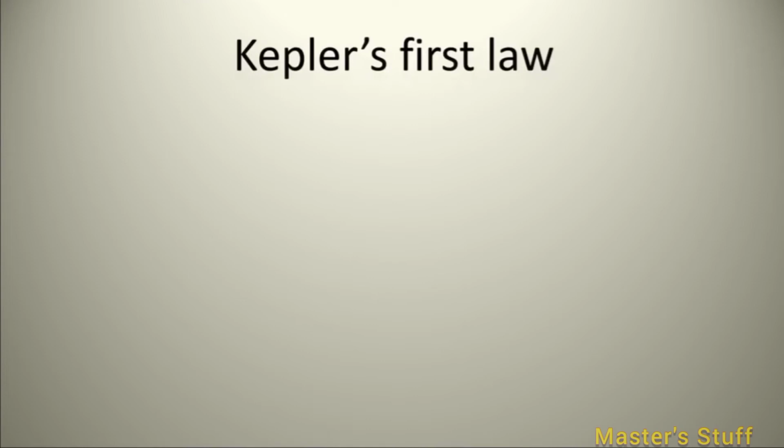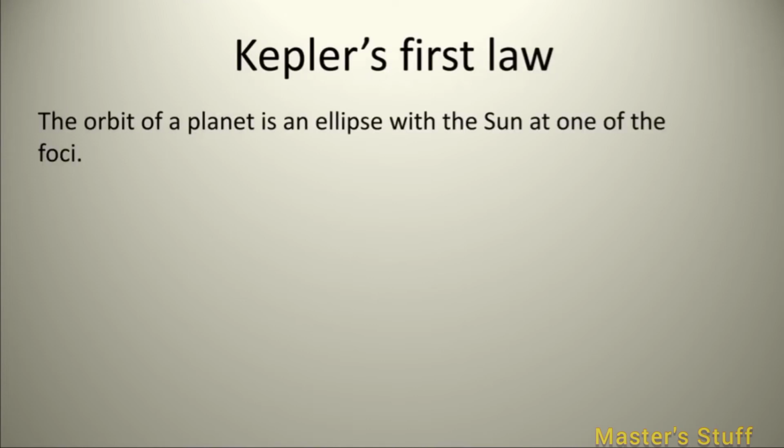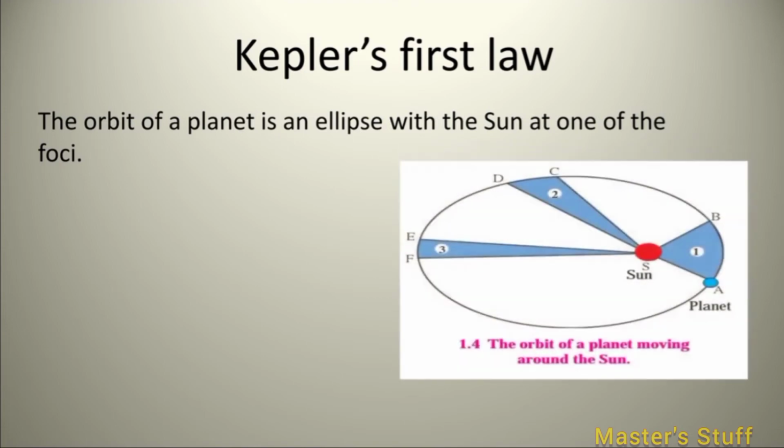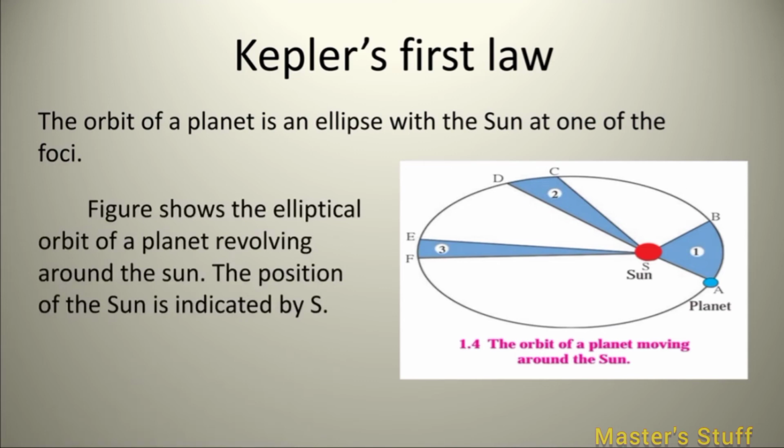Kepler's first law. The orbit of a planet is an ellipse with the sun at one of the foci. Take a look at figure 1.4. Points A, B, C, D, E, F are the points on the ellipse. This ellipse is the orbit of the planet, indicated by the blue dot.